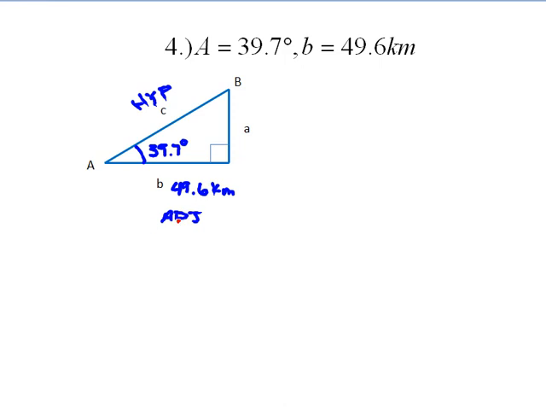Now what do we know with adjacent and hypotenuse? Cosine.